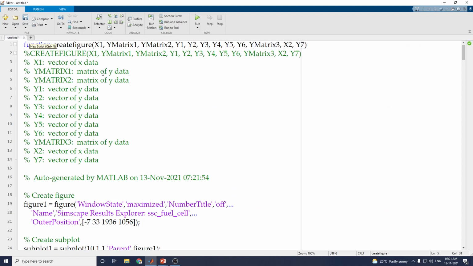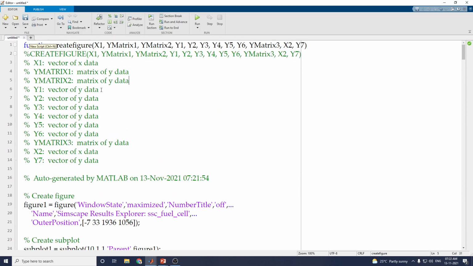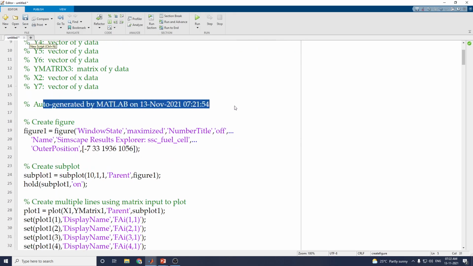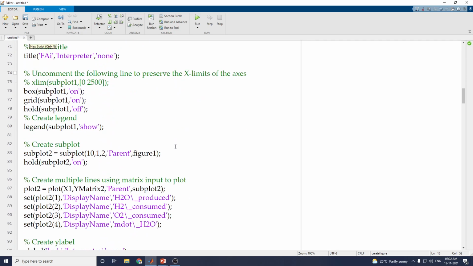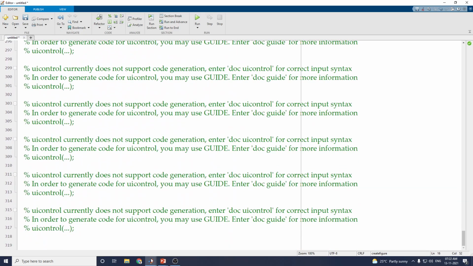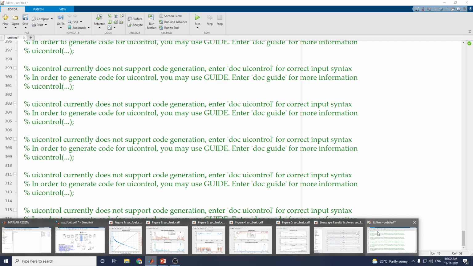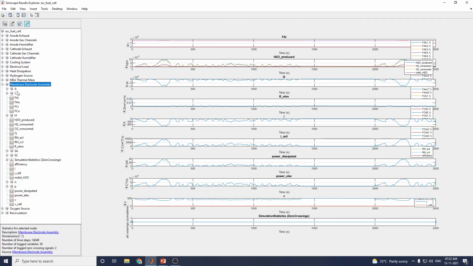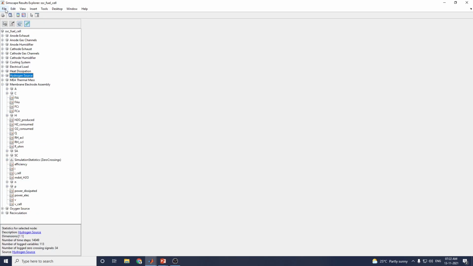You can see this function, this timer function. You can see the time now. This was auto generated Matlab on 13 November at 7:21. You can see this figure here itself. You can make changes for your output. Okay, similarly you can see this for all types of anodes.